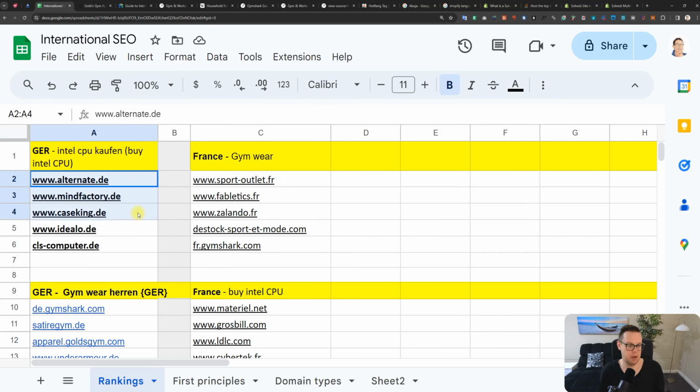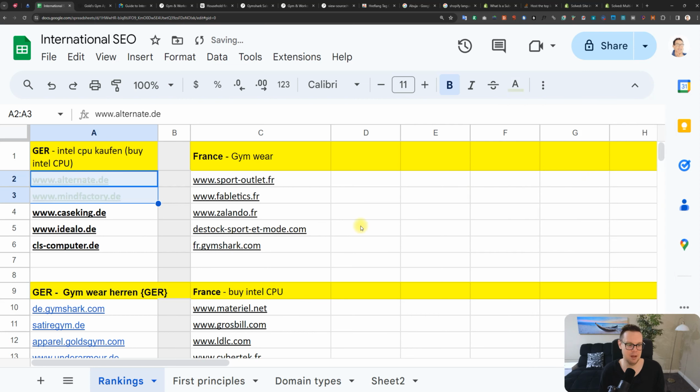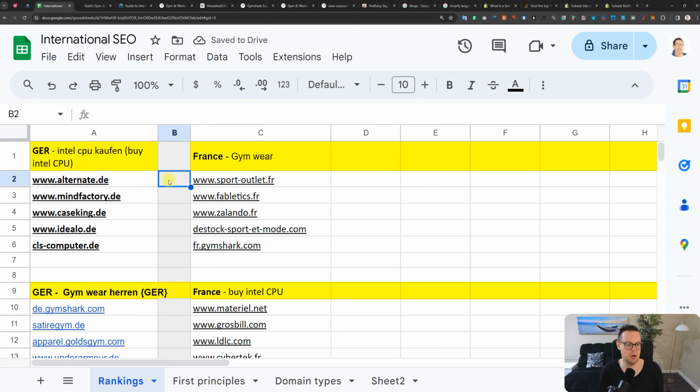And the websites that are ranking here are brands that have been around in Germany for, I want to say, the last 10 to 20 years even. So you can see they're very old brands. I myself have actually purchased from them all the way back 20 years ago when I was living in Germany. So we can kind of note here that the main ranking factor might be the actual brand strength, which is accumulated over a long time.